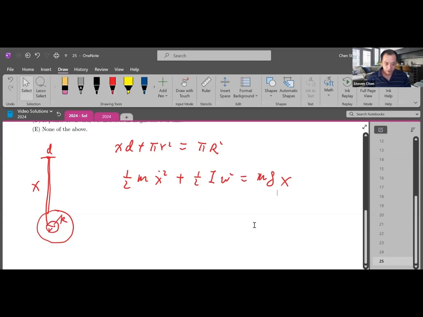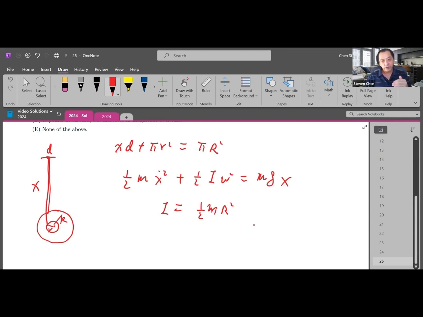Okay? So now we need to write down I and omega. What is the moment of inertia about the yo-yo's center? Because the strings are massless, we just need to look at those massive disks. So it is equal to a half of m times capital R squared. And what about the angular velocity, small omega?